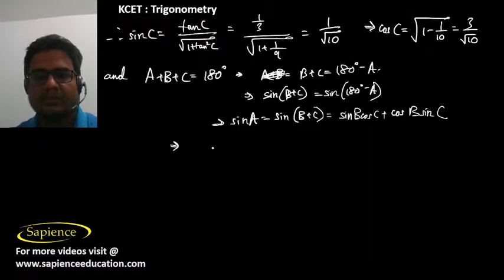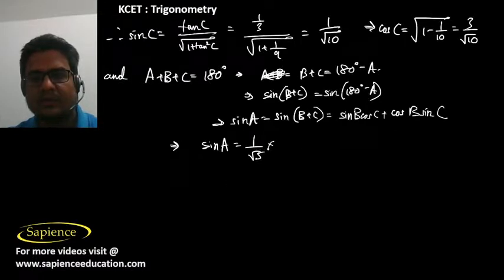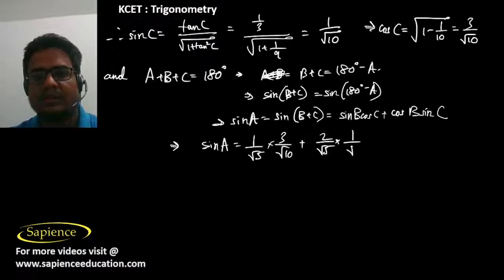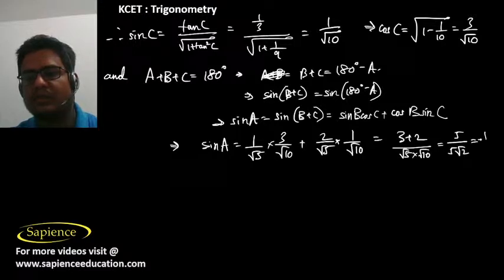So sine A is equal to sine B, which is 1 by root 5, into cos C, that is 3 by root 10, plus cos B, that is 2 by root 5, into sine C, that is 1 by root 10. So that will be 3 plus 2 by root 5 into root 10. So that is 5 by 5 root 2, which is equal to 1 by root 2.